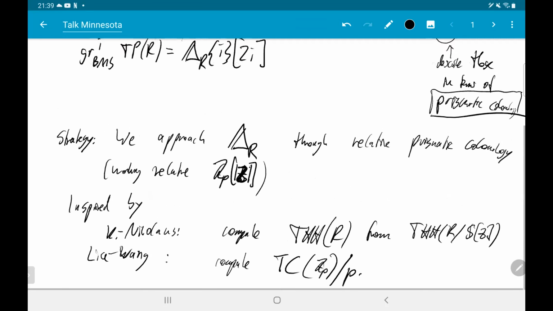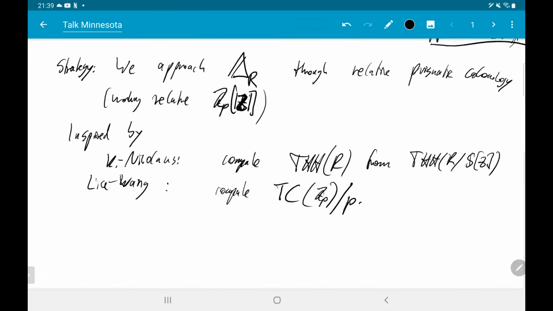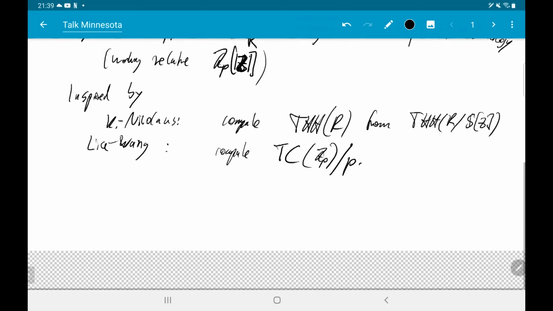And we're basically carrying out that strategy, but completely on the side of algebra in this world of prismatic cohomology.